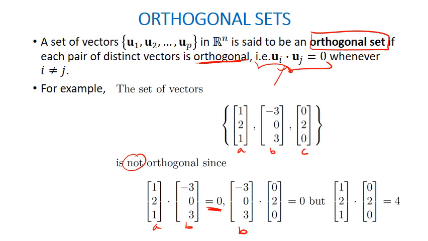B dot C gives me a dot product of 0. But A dot C gives me a dot product of 4, telling me that each pair is not orthogonal. So if there is one pair that is not orthogonal, then it cannot be an orthogonal set.